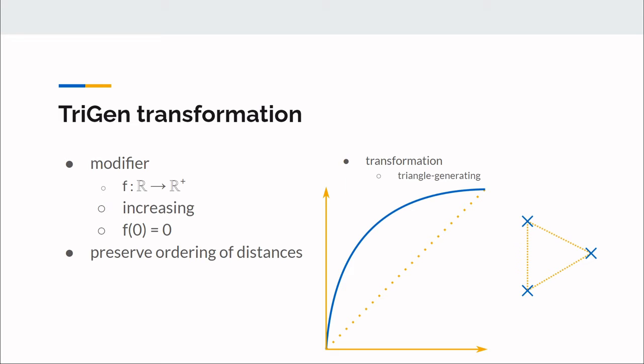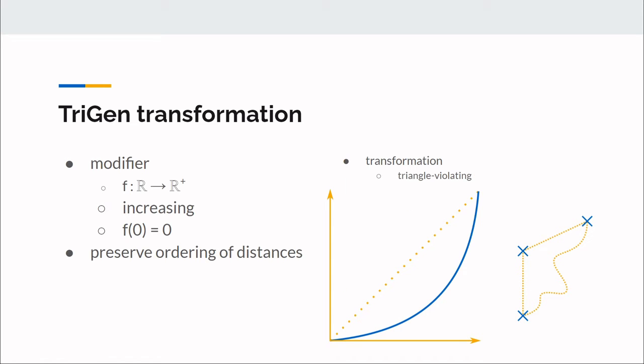The triangle generating or concave modifiers inflate all the triangles in the space to become more equilateral. Then the dataset is less indexable as the intrinsic dimensionality increases. The triangle violating convex modifiers have the opposite effect, squeezing the triangles and lowering the intrinsic dimensionality for the price of retrieval error.